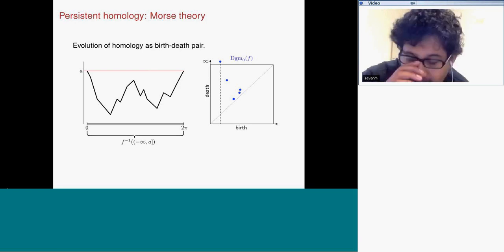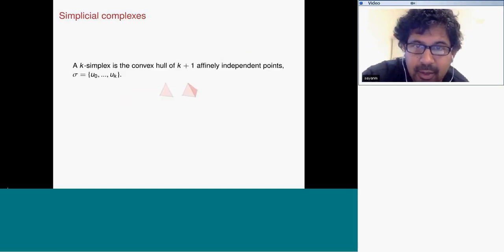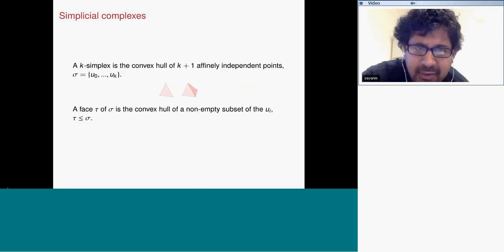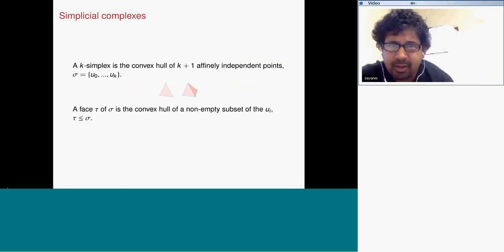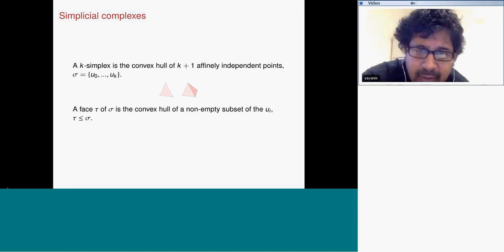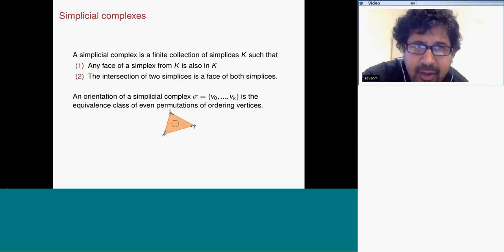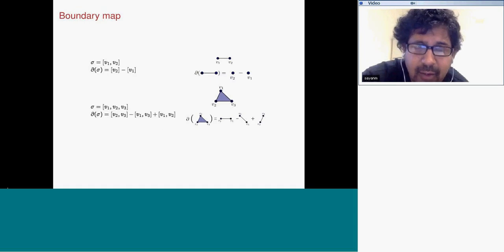And the idea behind persistent homology is how long does a homology group persist, basically. And again, simplicial complexes have independent points, with a non-empty subset of it. These are oriented, which are just even permutations. Define a boundary map.